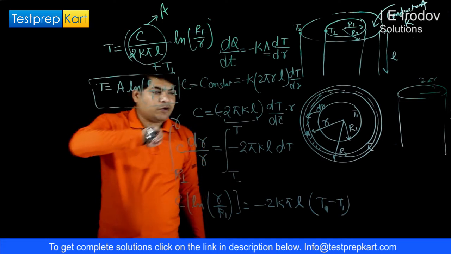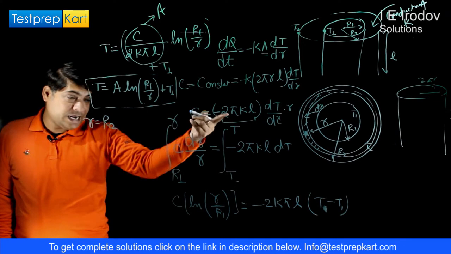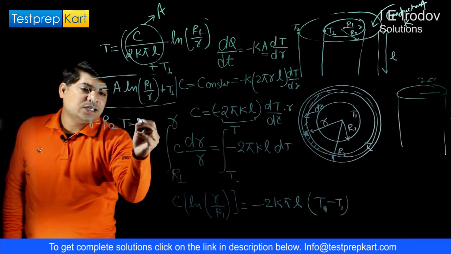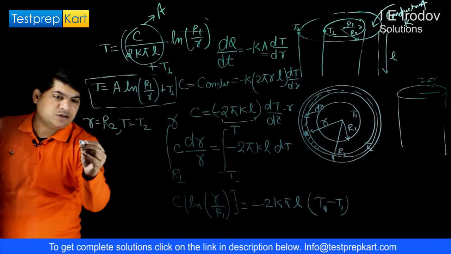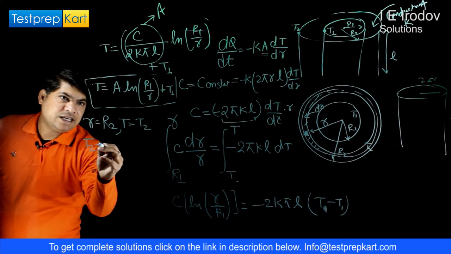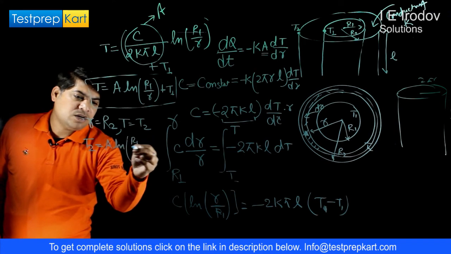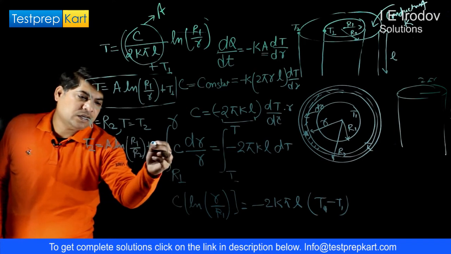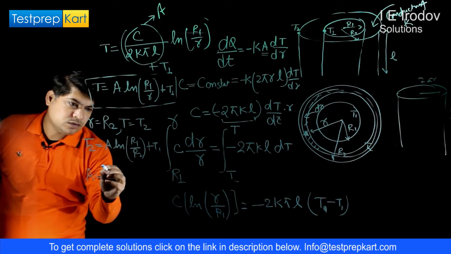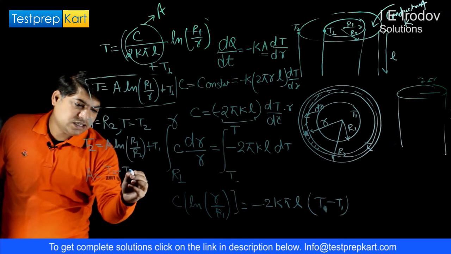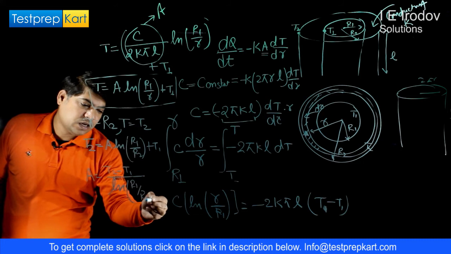So we can put a boundary condition: when r is equal to R2 at the outer surface, the temperature T is equal to T2. Substituting, we write T2 is equal to A ln R1 over R2 plus T1. So from here we get A equals T2 minus T1 over ln R1 over R2.